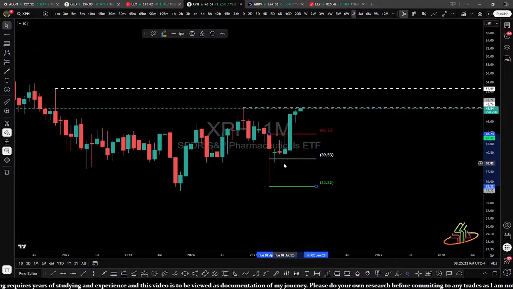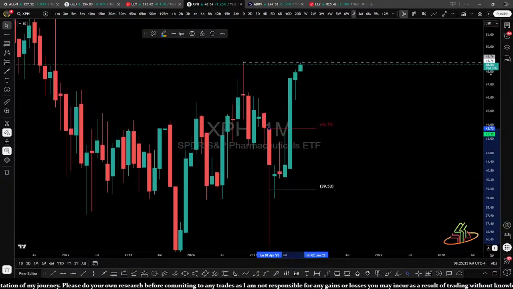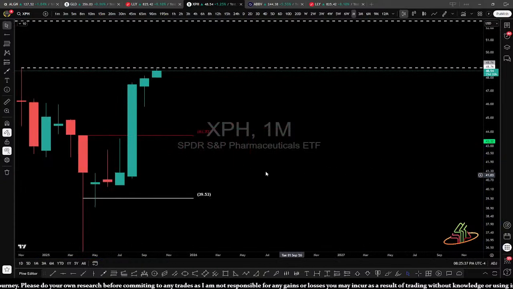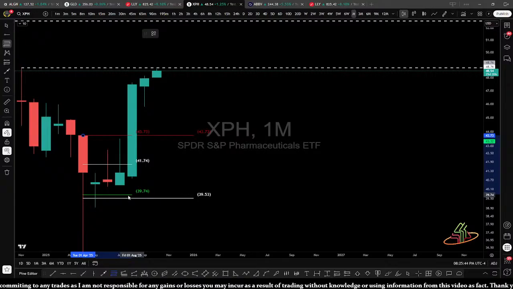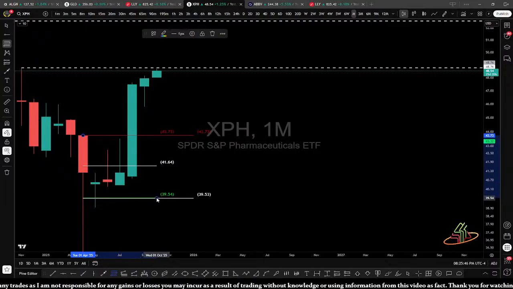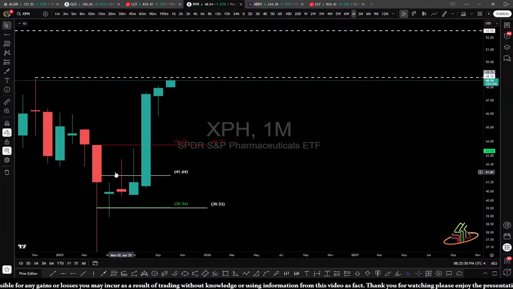As price is going up, we want to see this candle get defeated. If I zoom into this real quick, because that green candle is much higher up than the bottom, we don't need to worry about the bottom.